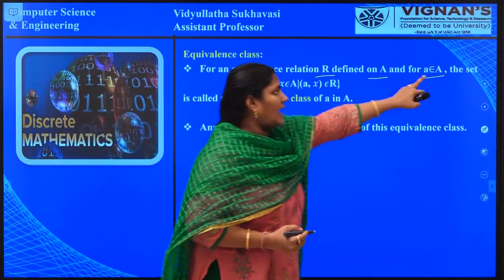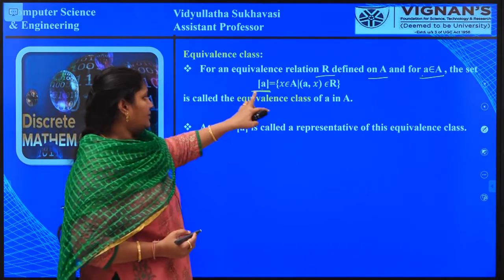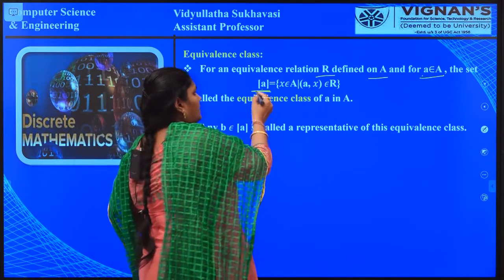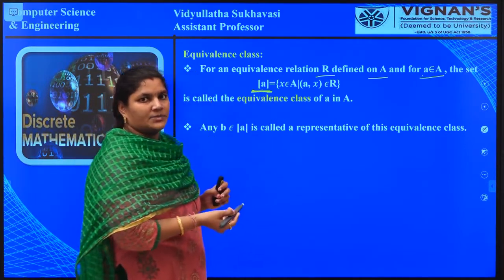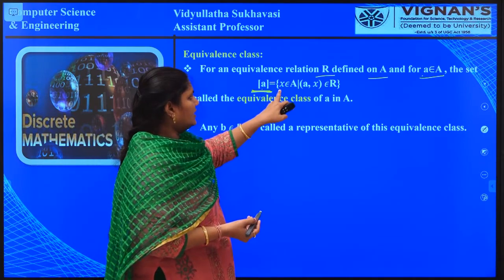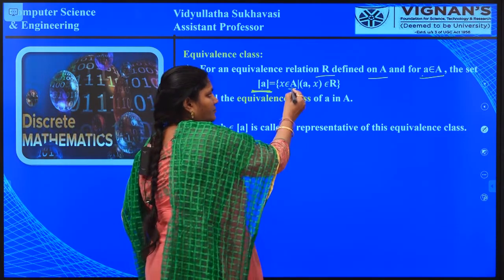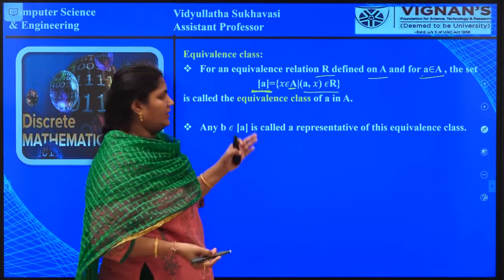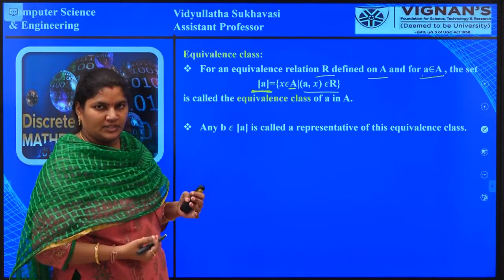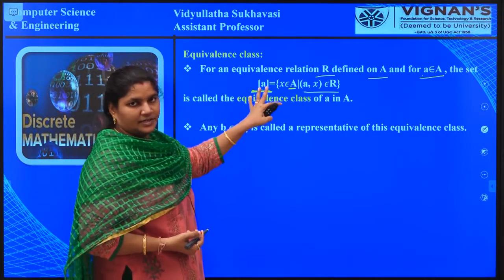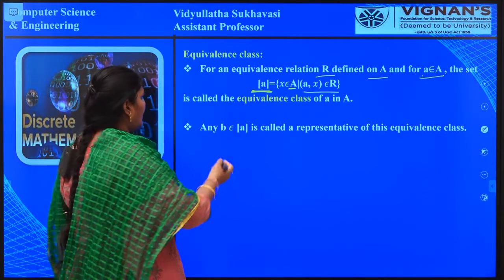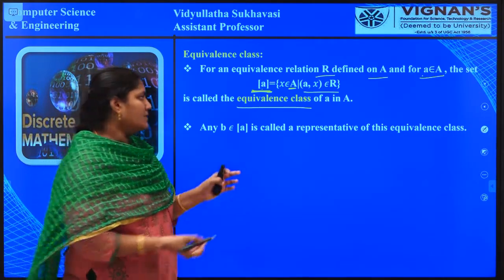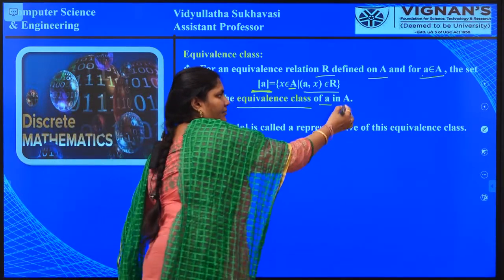Whatever elements we have in A, for all those elements we need to check the equivalence class. So we are now finding the equivalence class for the element a. That is, x belongs to the set A such that the ordered pair a comma x is in the relation R. That means whatever ordered pairs start with a should be represented in the equivalence class. That will be called the equivalence class of a in the set A.